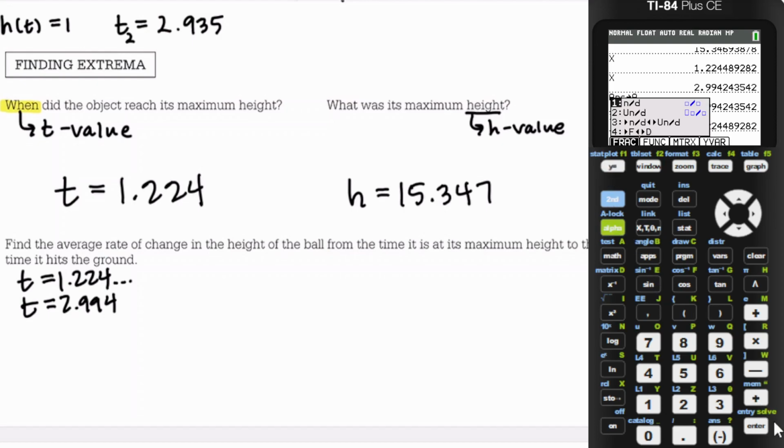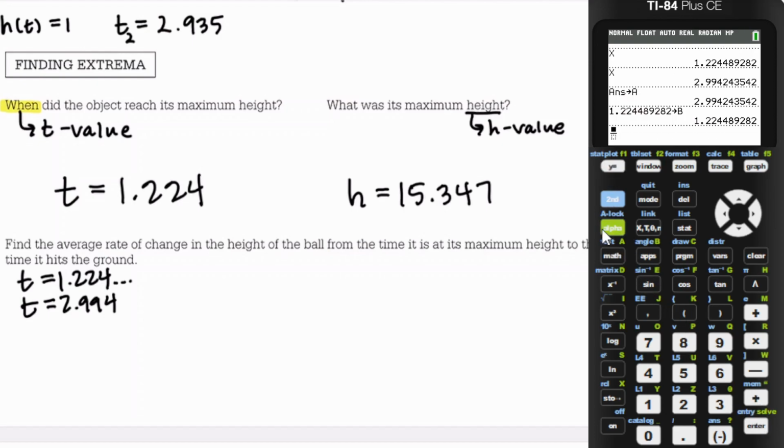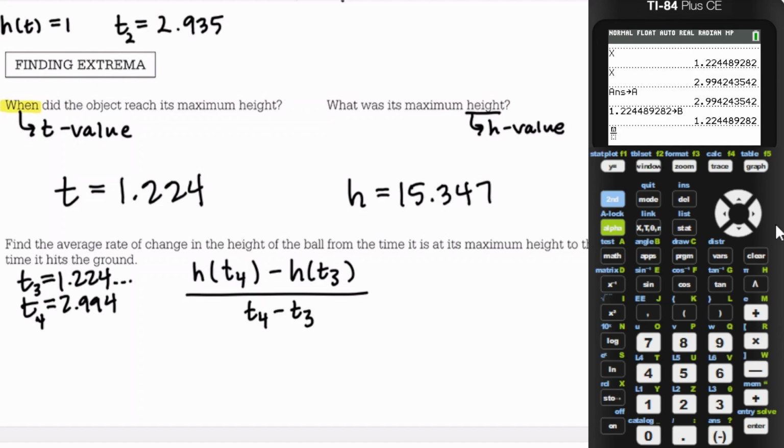So when I compute the average rate of change, I'm going to do f of B minus f of A over B minus A. I'm going to call these T3 and T4. I want h of T4 minus h of T3 divided by T4 minus T3. Well, I've stored T3 into A and T4 into B, so I'm going to just call for y1.